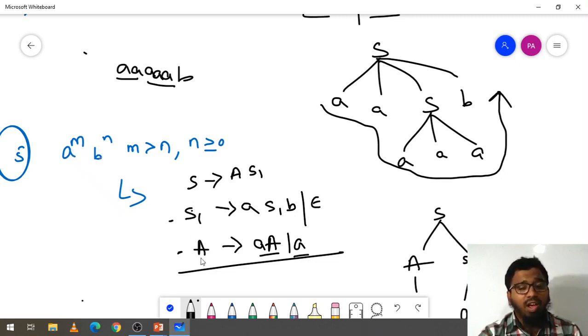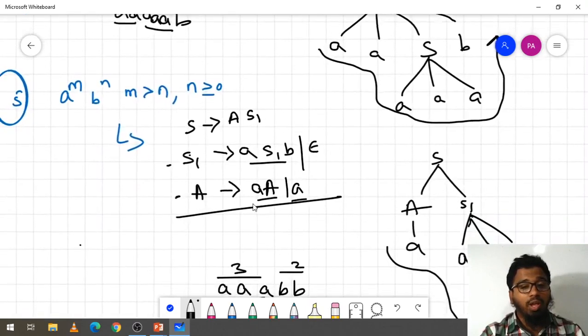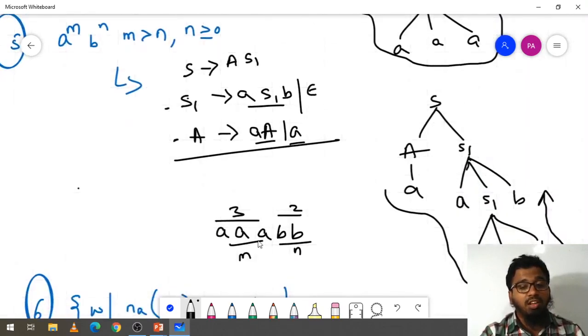So for that we have written A, small a, capital A, and for the terminal is A. Okay, so here equal number of A's with this, and this A is increasing, that means m is more. Okay, like see here 3 A's and 2 B's we got from the grammar, this grammar.